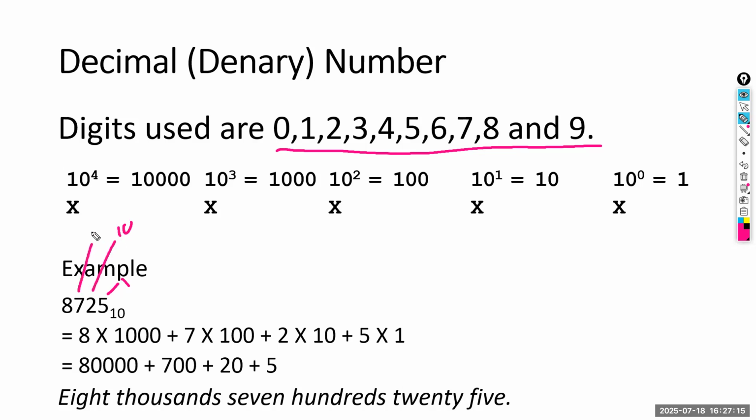This is 7 times 10 to the power 2, or hundreds. This is 8 times thousands, or 10 to the power 3. So therefore, this is 8,725. That is because we use base 10.